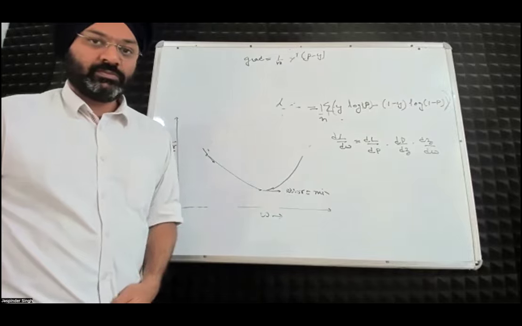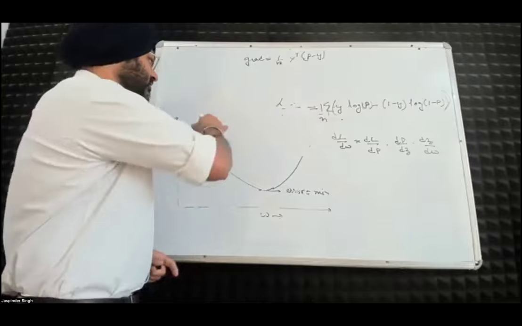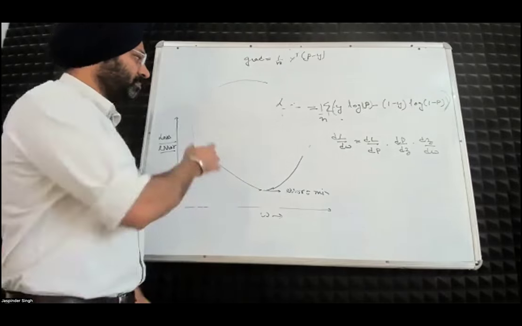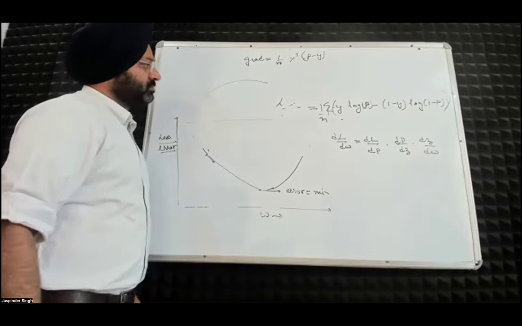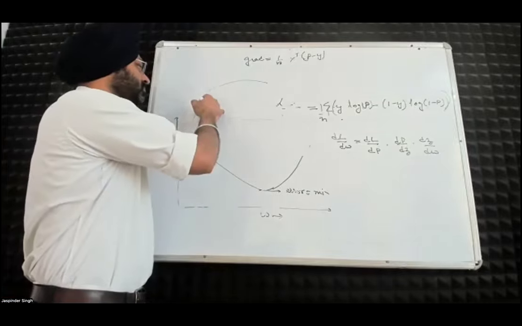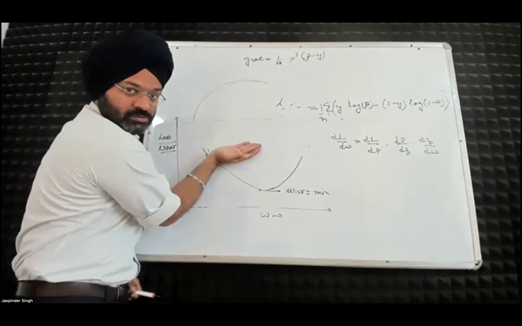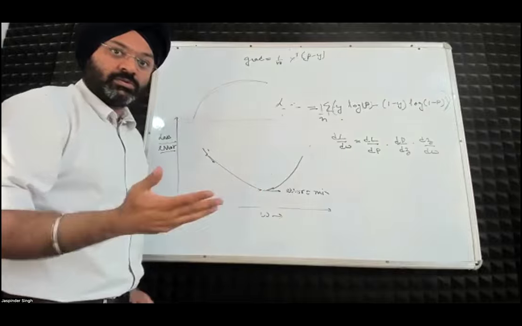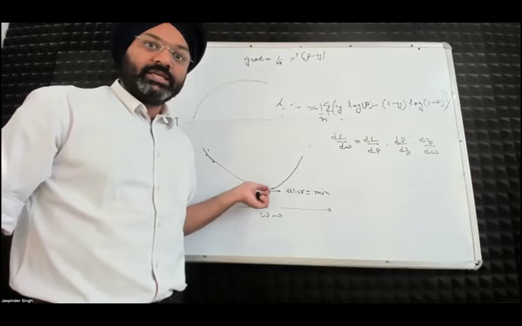Inverse of the log graph, a mirror image around the x-axis. Okay, that is correct. If I take the mirror image of this, again a convex shape like this.